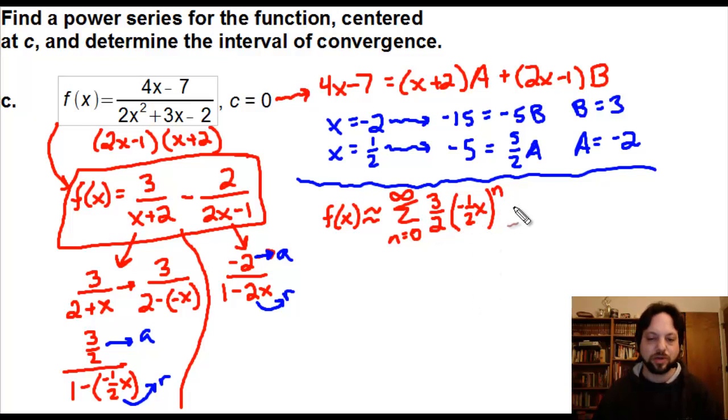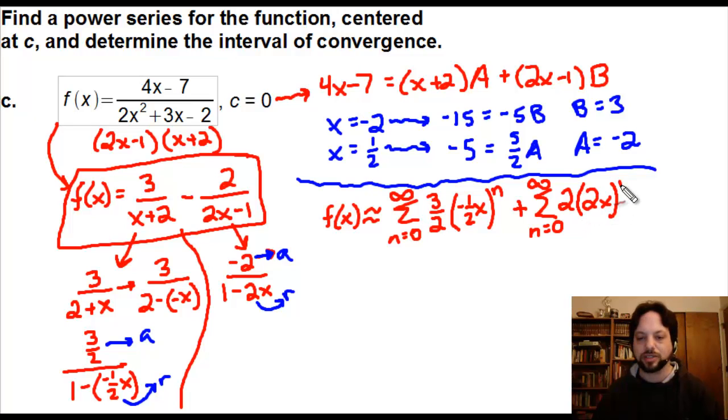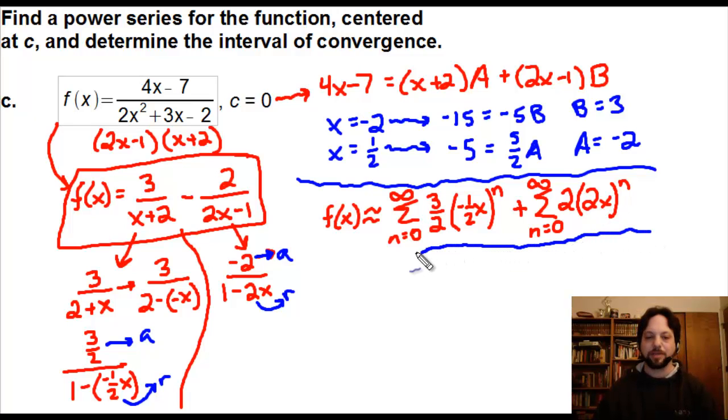Alright, so that's my first one. I would subtract my next series, but because a is negative on my next series, I can just go ahead and add, and it'll work out just fine. Again, this is from n equals 0 to infinity. My a in this case was negative 2, but now it's just positive 2, and my r will be 2x to the n power. So, right there is going to be my power series that approximates this rather ugly function.